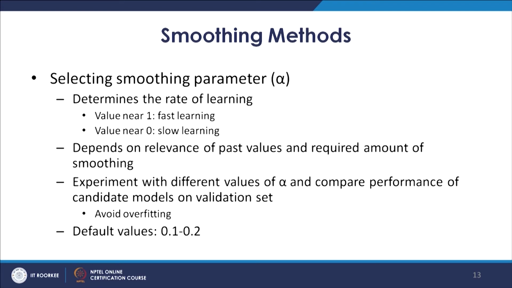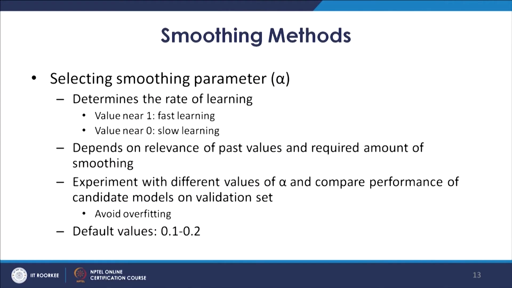If the value is near 1, then fast learning is going to take place, because we would be learning more from the recent values, Y(t-1). If the alpha value is close to 0, then the learning is going to be slow, and we are going to learn slowly from the past values.